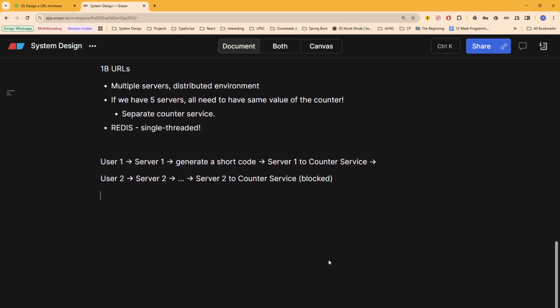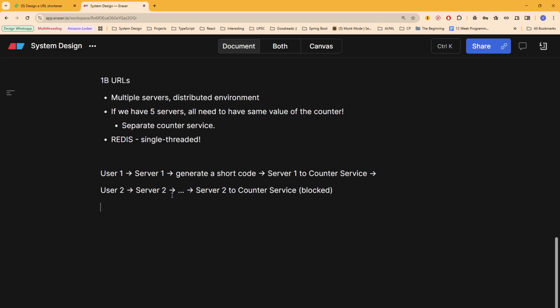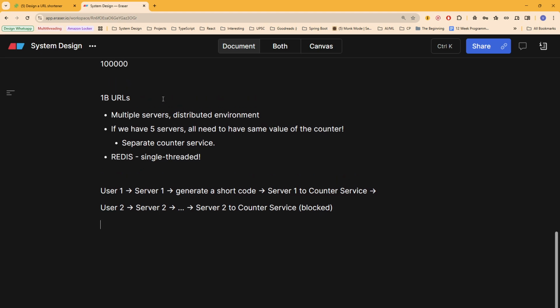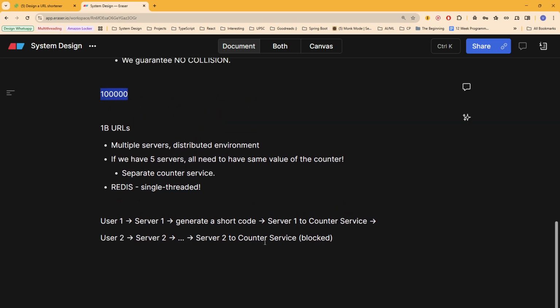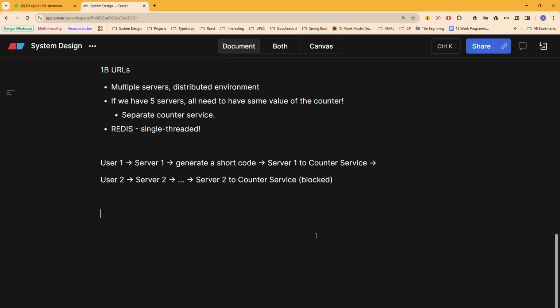Right now the issue is that every server has to go to the counter service to get a particular number, and then the encoding and all that will happen in server 1 itself. So what we can do is, in the counter service we do not provide single integers.